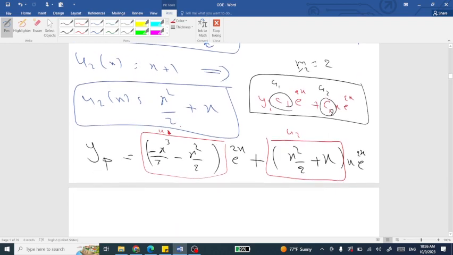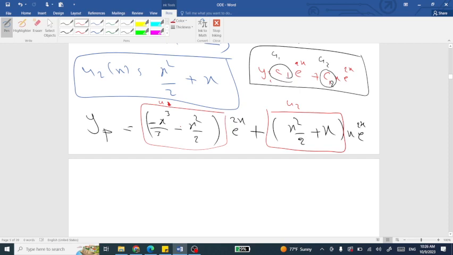Okay. Now, maybe there's a common factor. You can find them, whatever you want to do with them. If you multiply, you will get what? Yp will be minus x3 e to power 2x minus x squared 2 e to power 2x plus x cubed over 2 e to power 2x plus x squared e to power 2x.